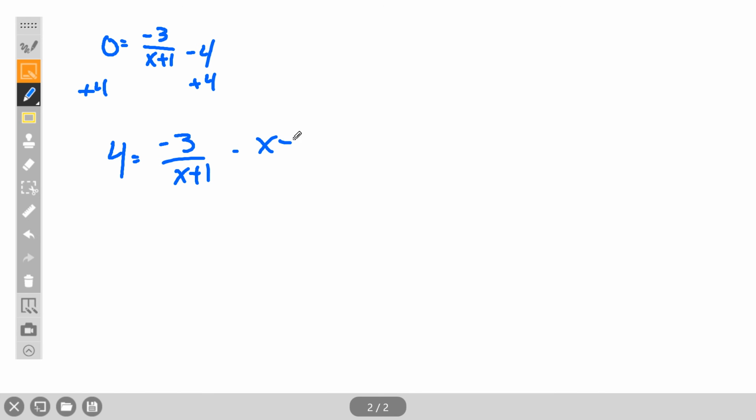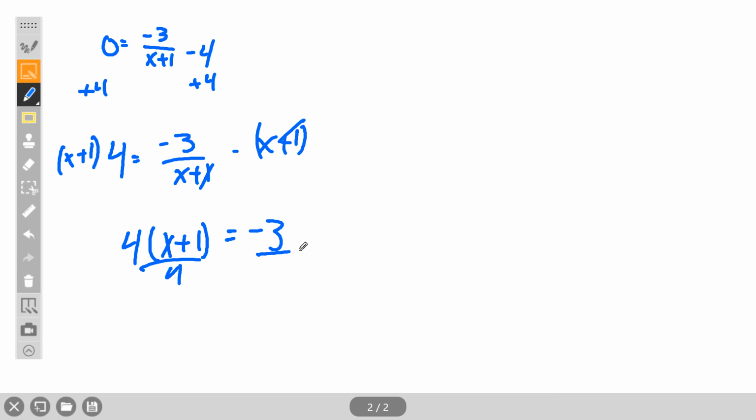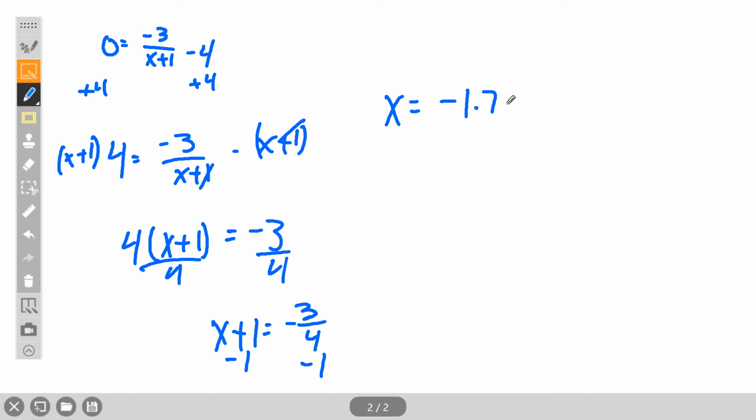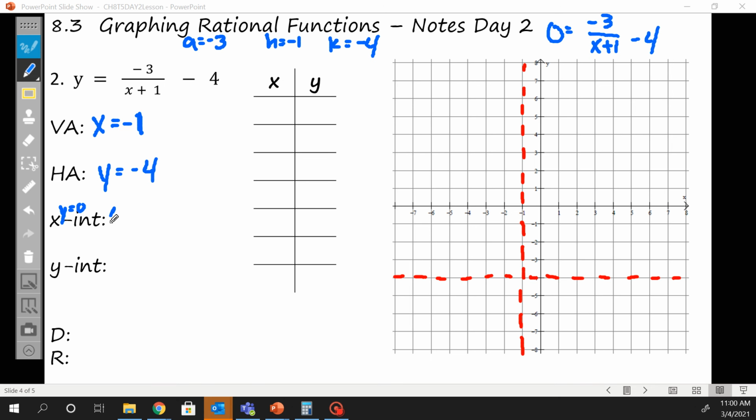Multiply both sides by x plus 1. So we get 4 times x plus 1 equals negative 3. Divide by 4. We get x plus 1 equals negative 3 over 4. Subtract 1, x equals negative 1.75. Okay, so our x-intercept, negative 1.75, comma 0. So that's like right here.